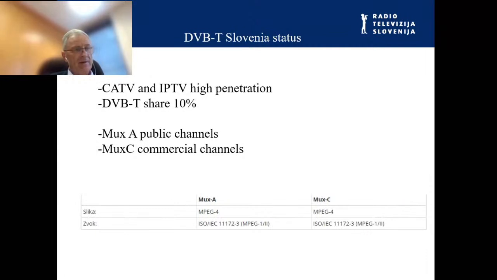After analog switch-off in 2010, we set up 2 MUXes with quite high capacity for those times, using MPEG-4 compression. MUX A is dedicated to public channels only, while the second, MUX C, distributes commercial channels.